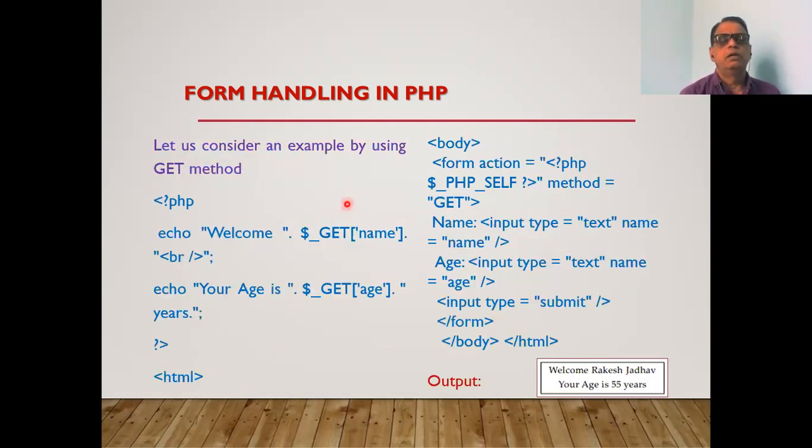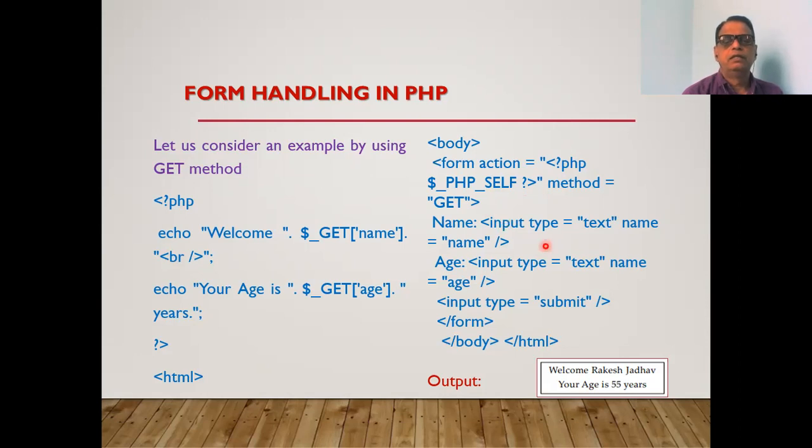So this is another example where we will make use of the get method. Here you will find that the PHP code is there. Here we will make use of welcome, and then we will get the name, and then we will get the age. And in the HTML code itself, we have written the PHP code where we will make use of the method get.